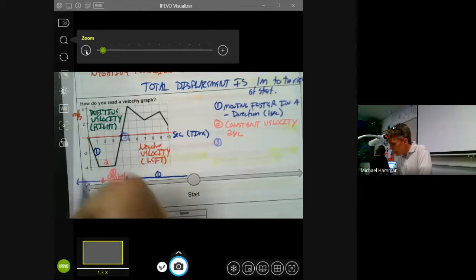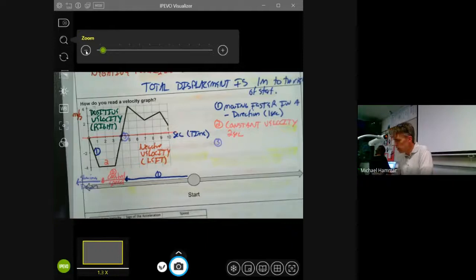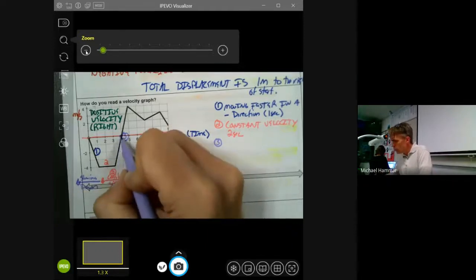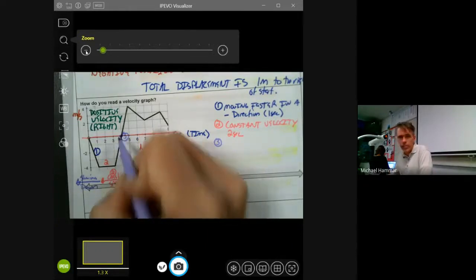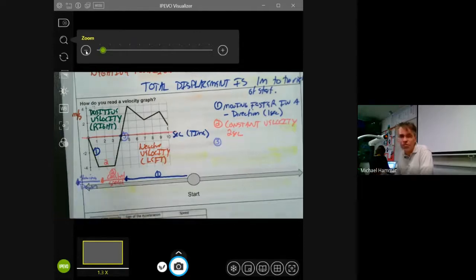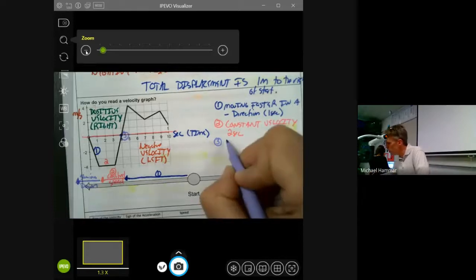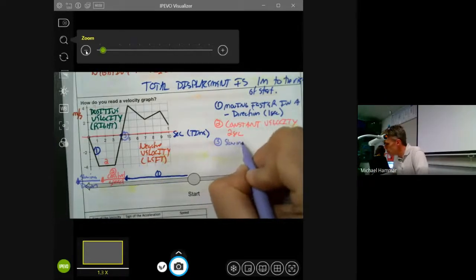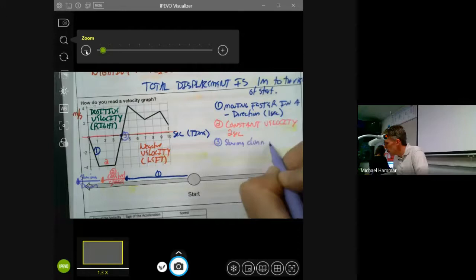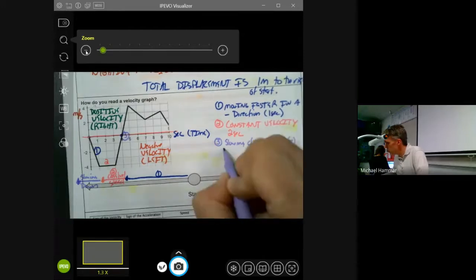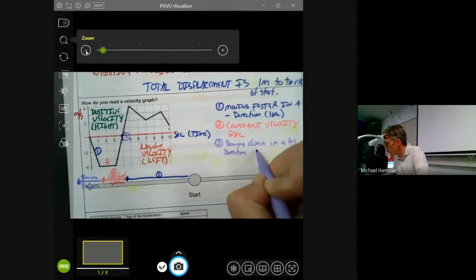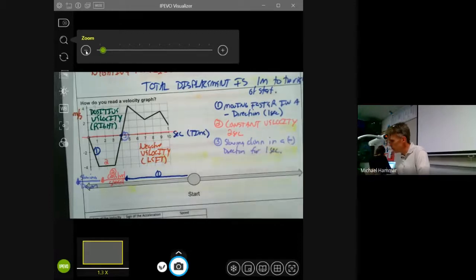We are moving and we are slowing down, and we are moving towards a speed of 0, okay? So in part 3, we are slowing down in a negative direction for 1 second. And then in the middle of it, we hit 0.